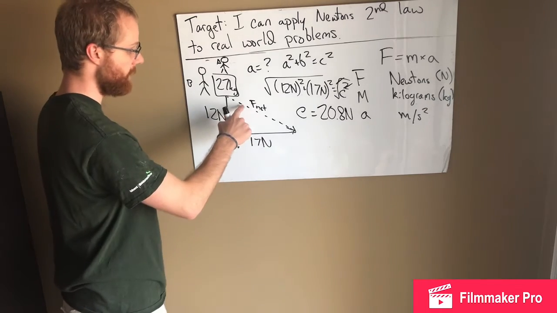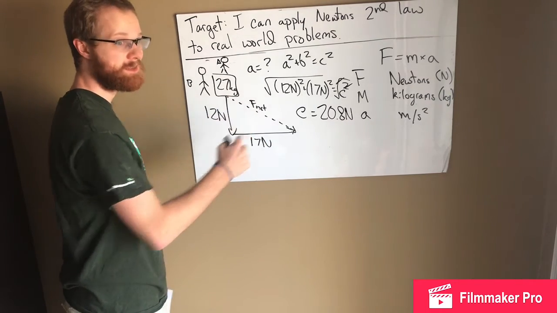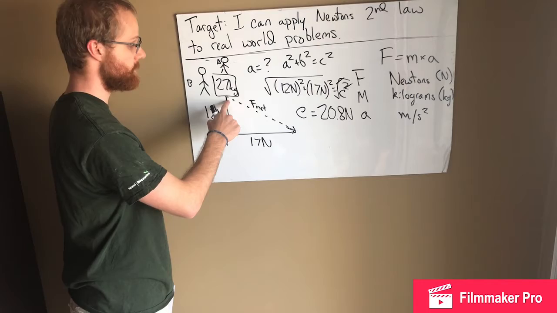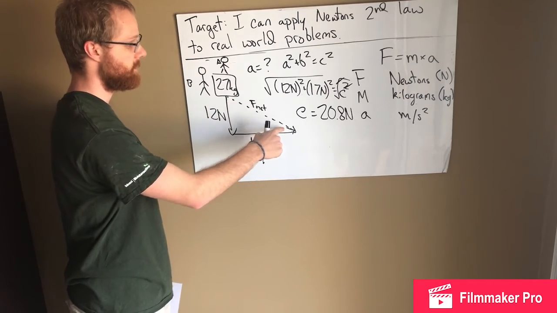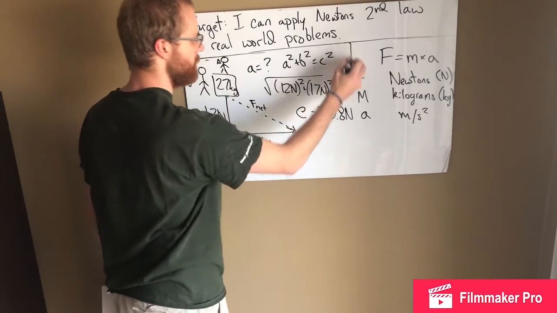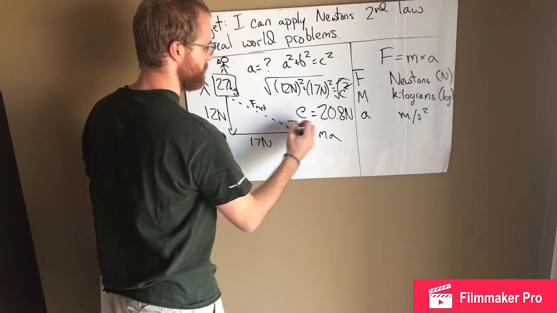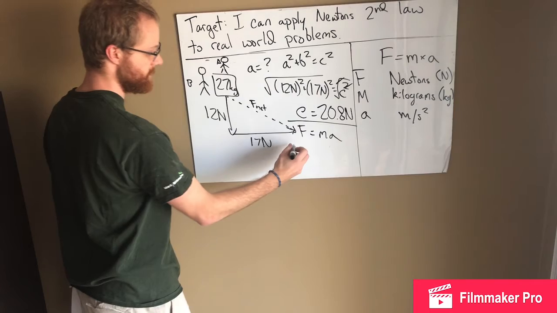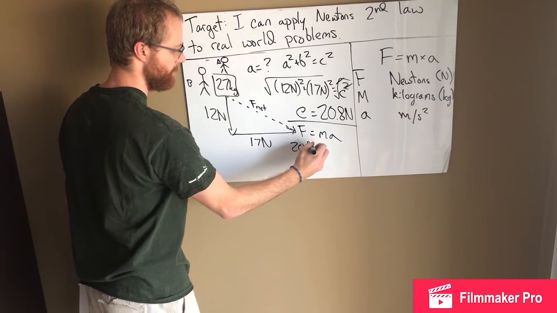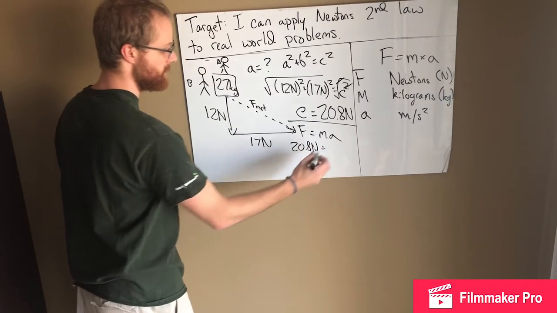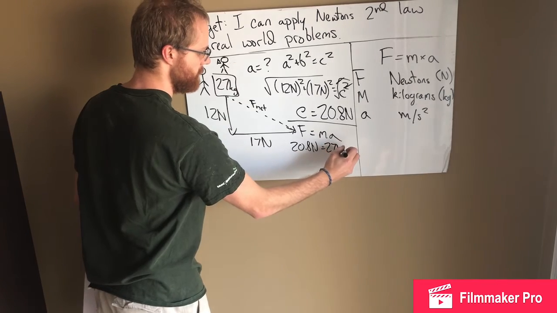Okay, so now I know what the net force, the sum of all forces being exerted on my box, is. All I have to do now is use F equals ma. So my force is 20.8 newtons. My mass is 27 kilograms.